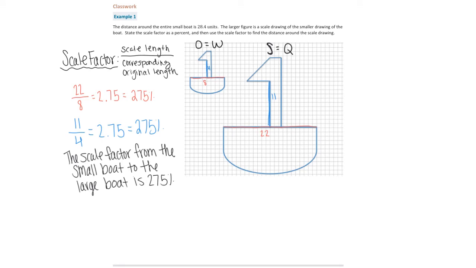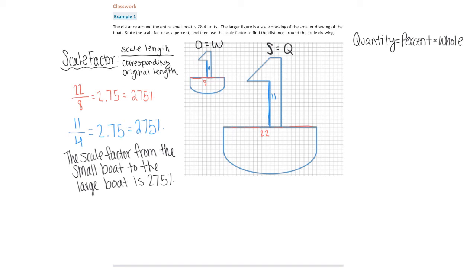Now, another way to solve for this is by using our favorite formula, quantity equals percent times whole. Now, we know that we want to find the percent for the scale factor, and we already had labeled what our quantity is and what our whole is.